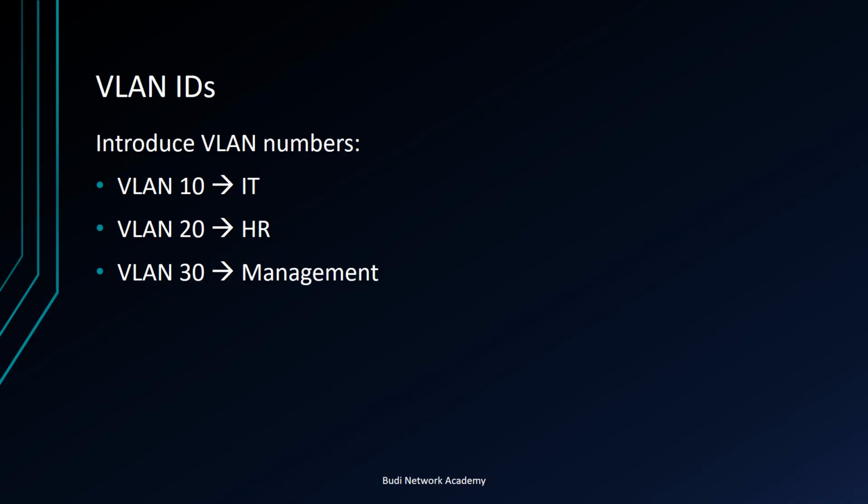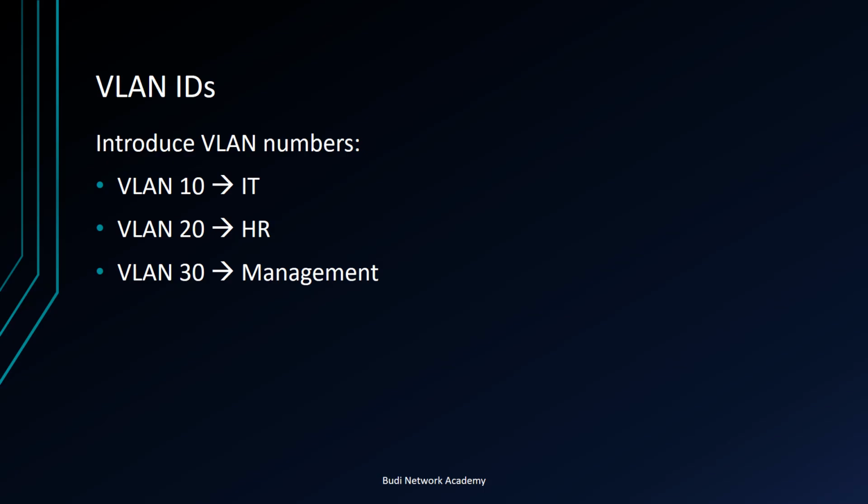How do we identify different VLANs? We use something called a VLAN ID. A VLAN ID is a number used to identify a VLAN. For example, VLAN 10 IT, VLAN 20 HR, VLAN 30 management.